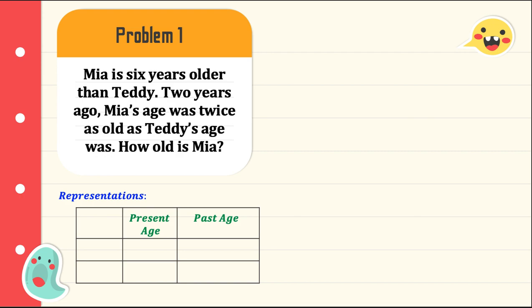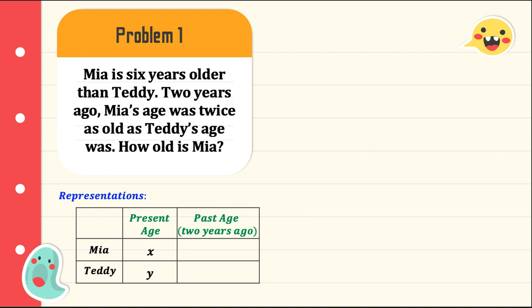Because in the given problem, it says 2 years ago. So the names are Mia and Teddy. For the present age, Mia will be represented as x, and for Teddy, that will be y. They can interchange if you want.